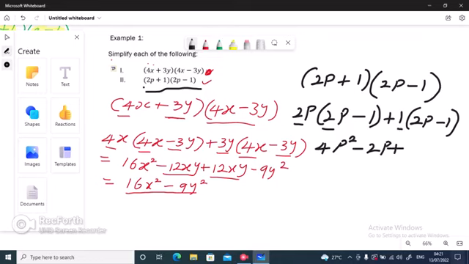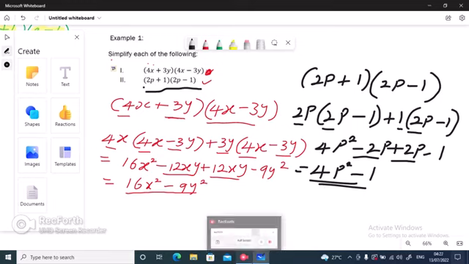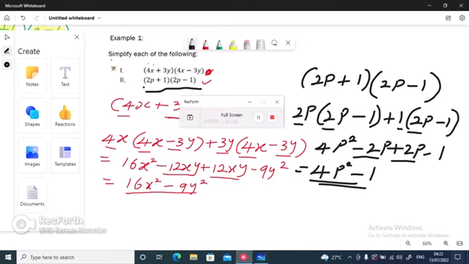Minus our 2p. Plus 1 times 2p, we have 2p. So 1 times minus 1, we have minus 1 here. So I am left with 4p square, and our minus 2p plus our 2p is 0. So I am left with minus 1. So this is it, that is the answer for this.